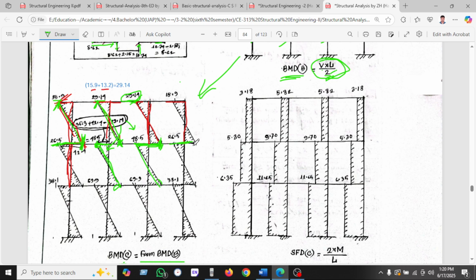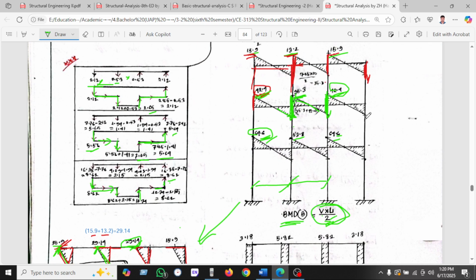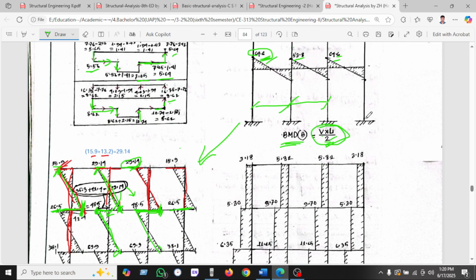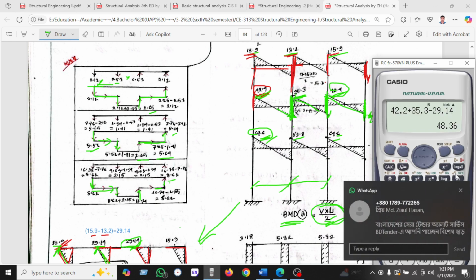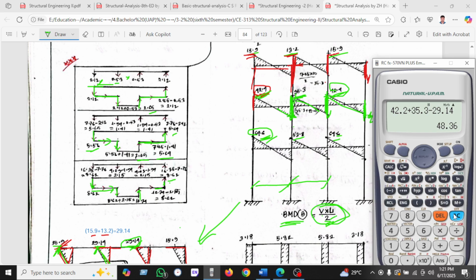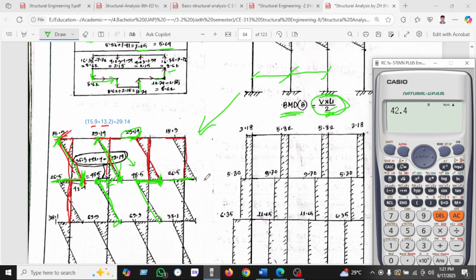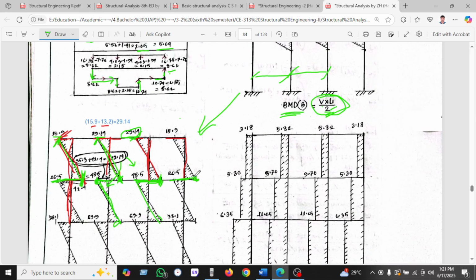How will we get the 26? So we have seen here 42. These are the 42. So the total column takes the 42. Okay, so I'm just taking 42.4, and of that it already contains 15.9.